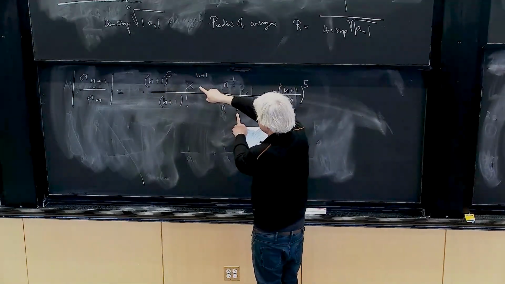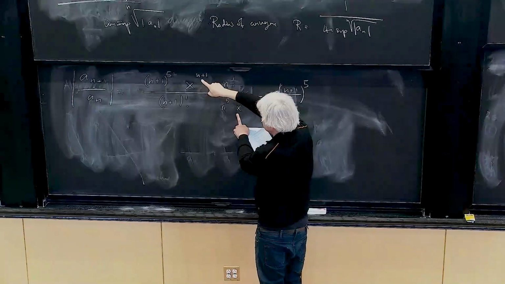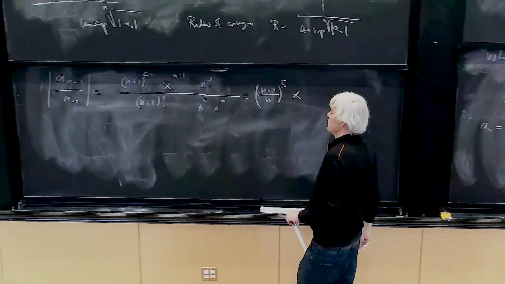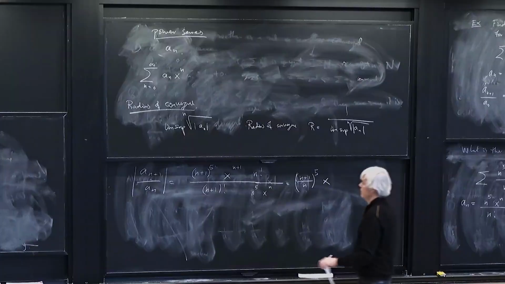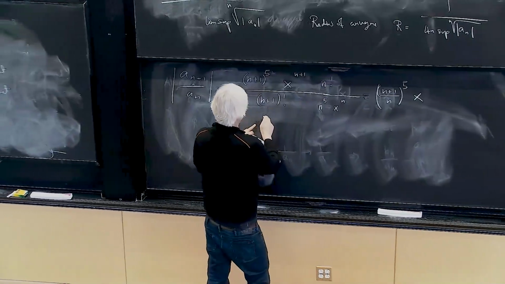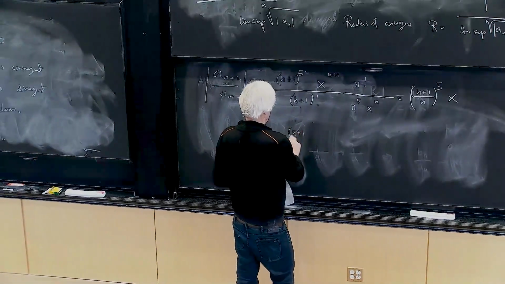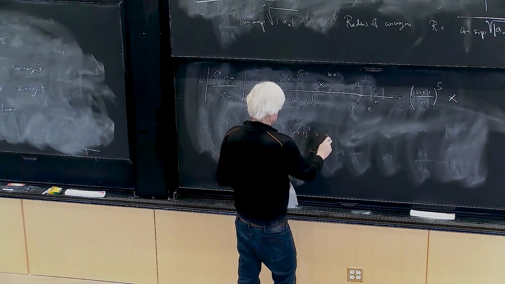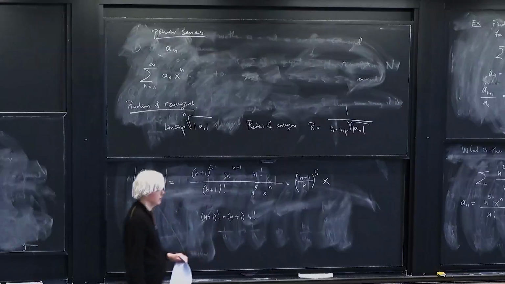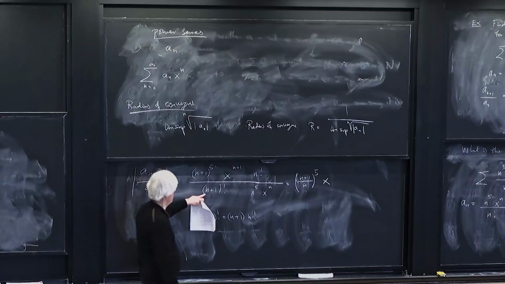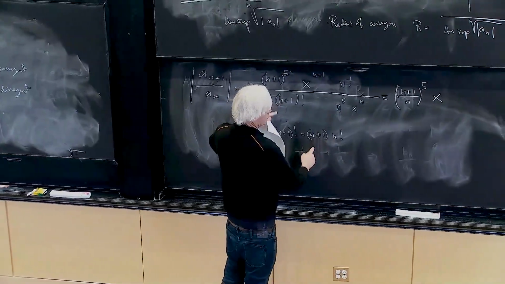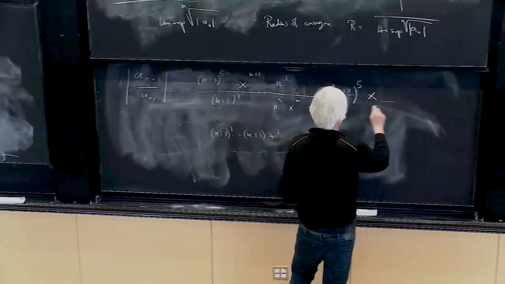Then when I take those two together, I can get rid of the x to the n, and I just get an x. And when I look at the ratio of these two, (n+1) factorial, you can think about that as (n+1) times n factorial. So this n factorial cancels out with that, and you're left with n+1. So this is what you get.